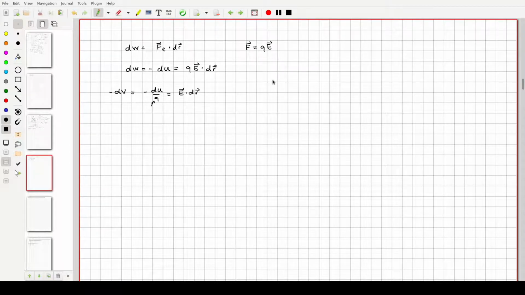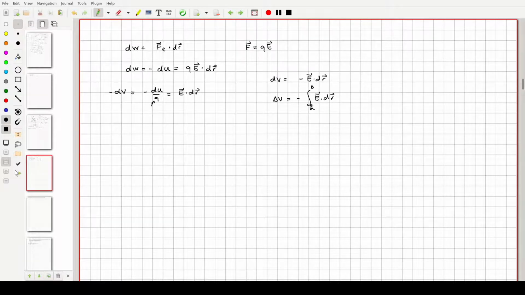So dV is equal to minus E dot dr. If you integrate both sides, on the left-hand side you get the difference in voltage between 2 points in space. What 2 points in space are they? Well, when you integrate E dot dr, it would be where you start and where you end up.